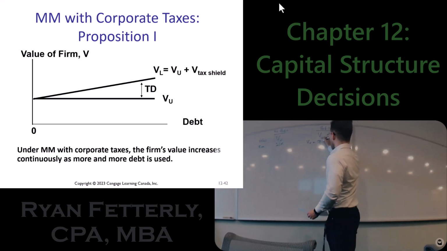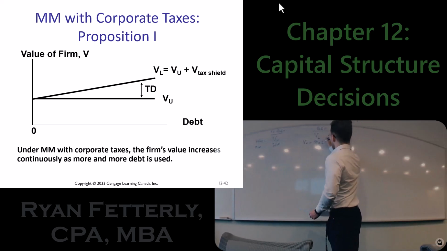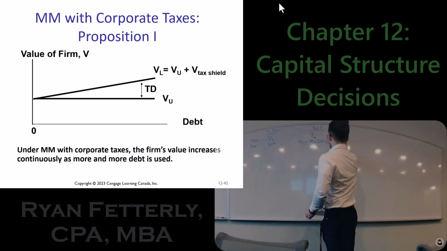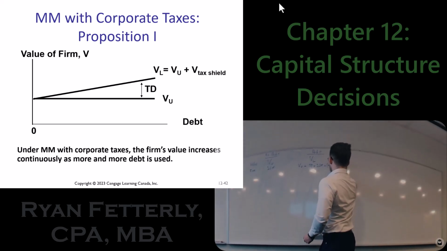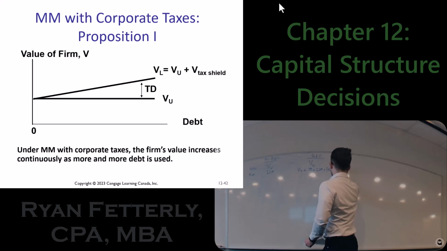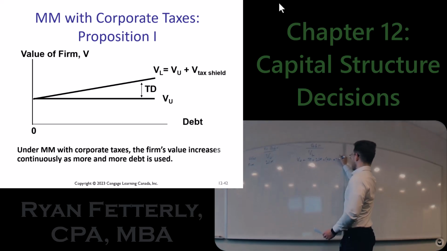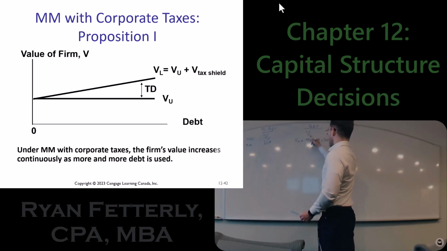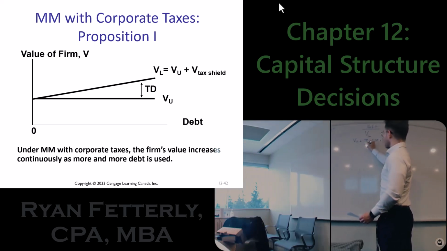So say I take that same firm that has the 20 million valuation, but I want to add on $10 million in debt and my tax rate is 40%. I would take the 40% tax rate and multiply it by the $10 million in debt I want to add. So the new value of my firm, VL, the leveraged firm, is going to be worth $24 million.